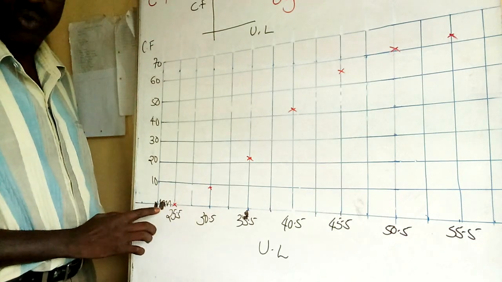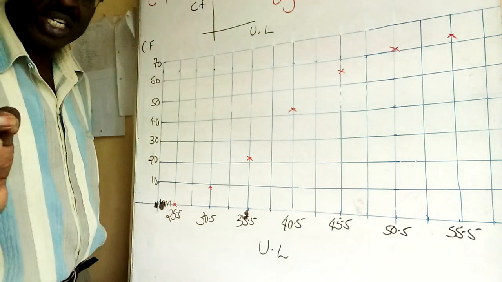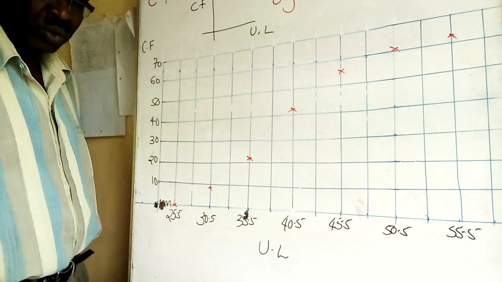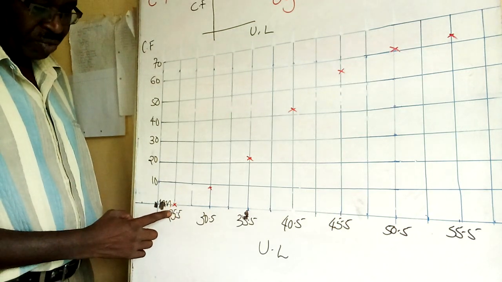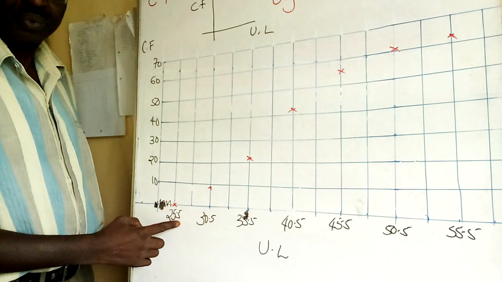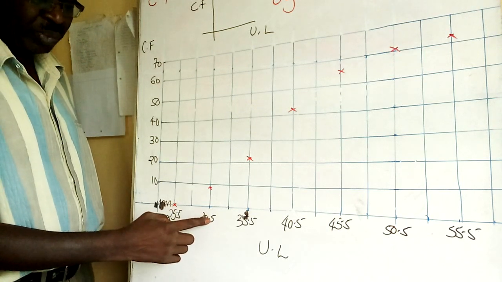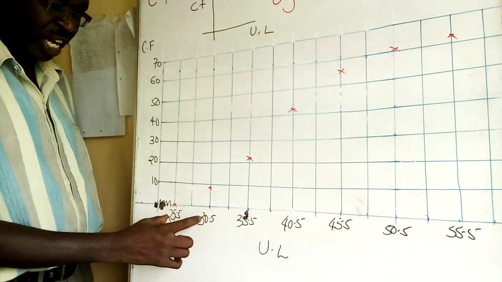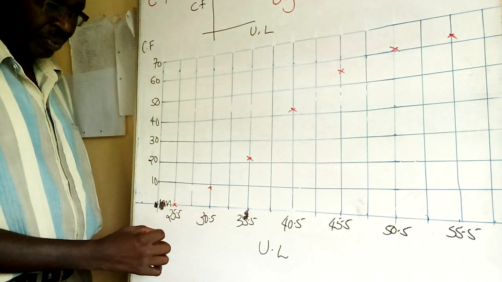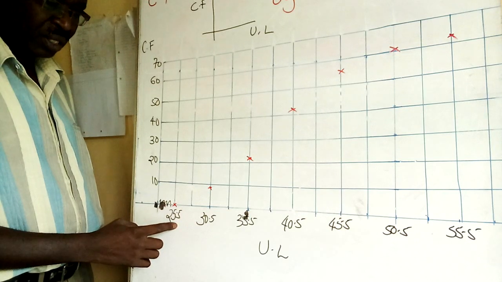What we need to know is your scale must be uniform and simple. So how simple is it? If this is 25.5 and I put here 30.5, already I've established the gap. This take away that is 5.